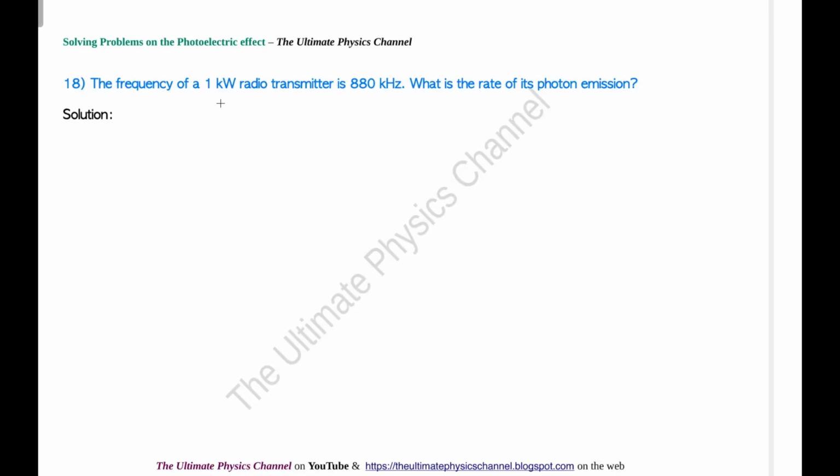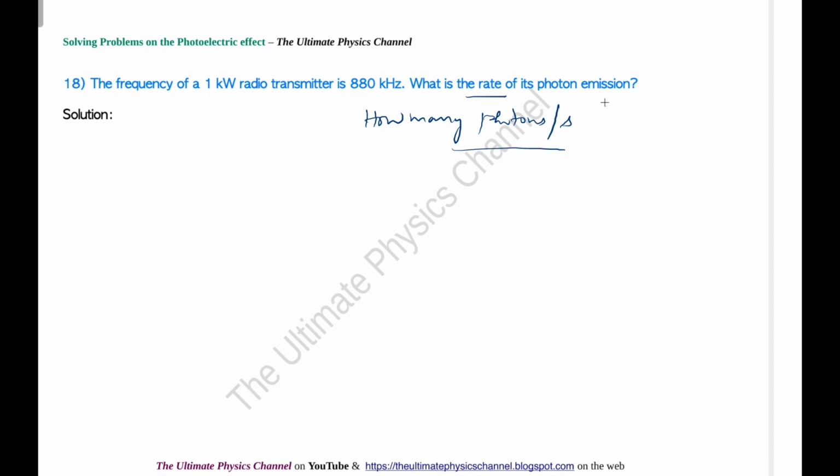The frequency of a 1 kilowatt radio transmitter is 880 kilohertz. What is the rate of its photon emission? What is the rate here? Rate is nothing but the number of photons that it emits per second, right? So the question is how many photons per second does it emit.